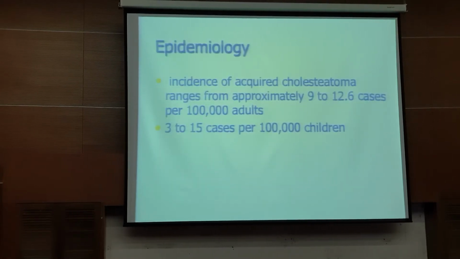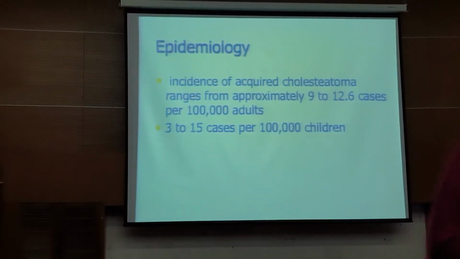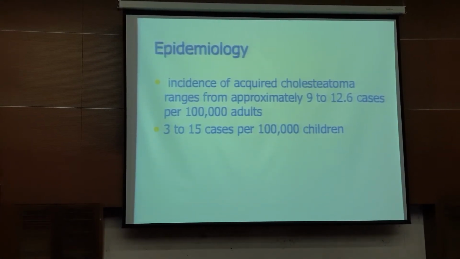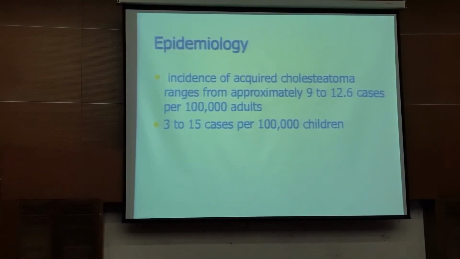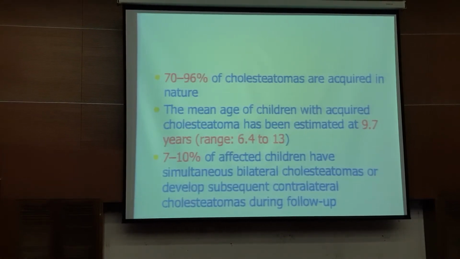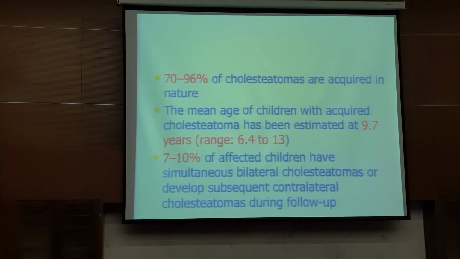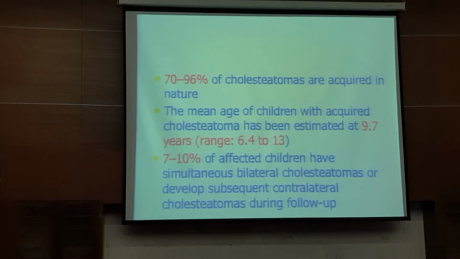So how about the epidemiology? The incidence of acquired cholesteatoma ranges from 9 to 12.6 cases per 100,000 adults, and in children is slightly more, 3 to 15 cases per 100,000 children. So when you look at acquired in nature, it is more compared to the congenital.